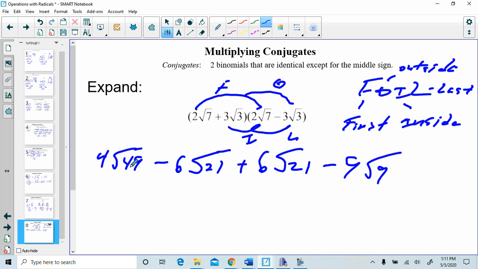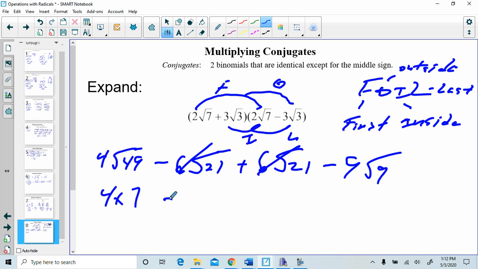I'm seeing 4 times square root of 49, so 7. I see a negative 6 root 21, but here's the opposite. So the zero pair, positive 6 root 21. These ones cancel out, leaving negative 9 times root 9. So that's 3 times negative 9.